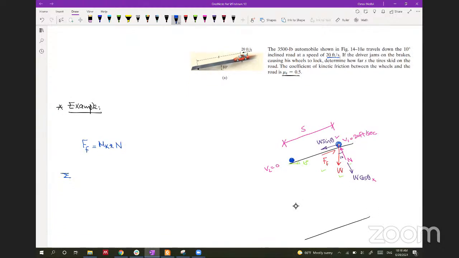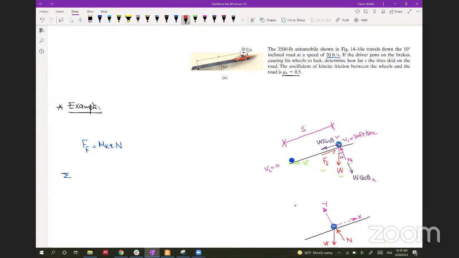Here is the body, here is the weight W, and here is the normal force. Let's assume that this is the X direction and this is the Y direction.